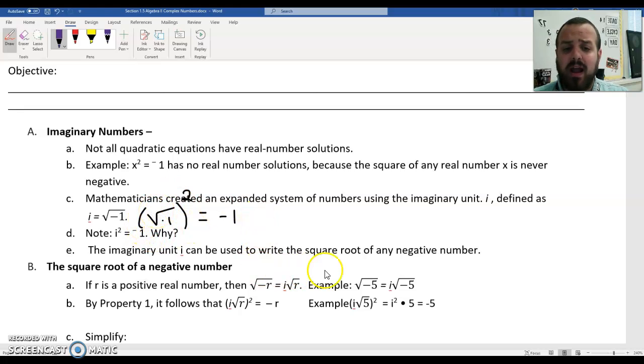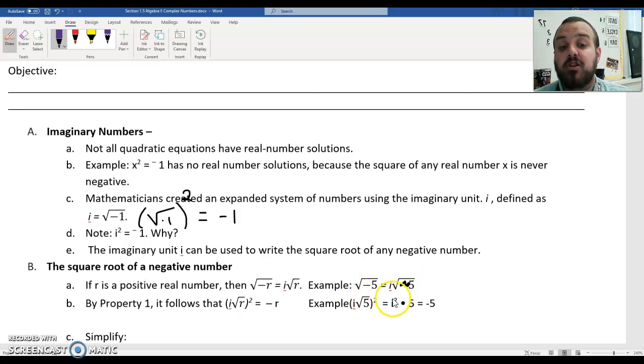The way that we're going to write numbers that are imaginary is that we're going to pull out the negative from the square root and write it on the outside as i. So for example, if I have the square root of -r, I take this -1, pull it out, and I say i square root of r. So the square root of -5, this actually should just be a 5 here, so ignore this negative there.